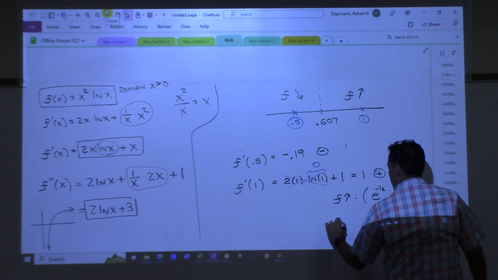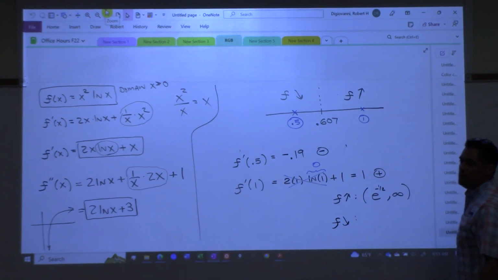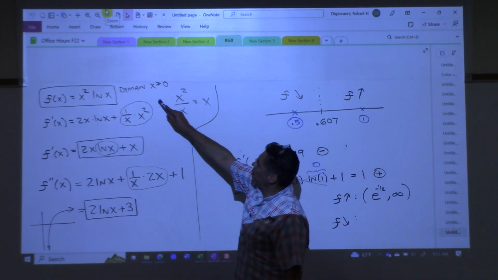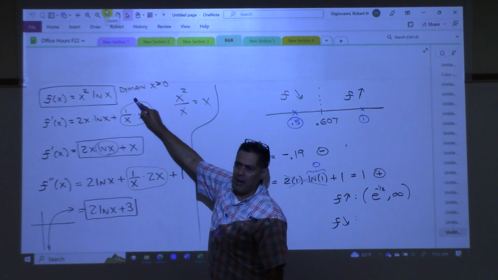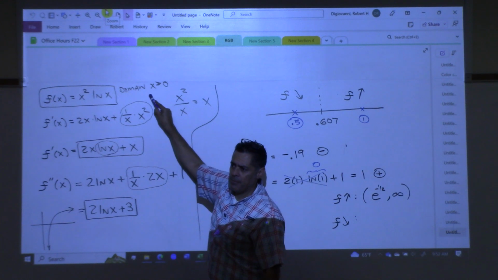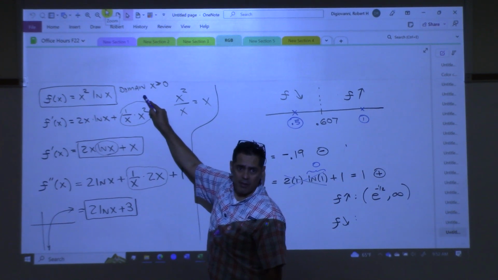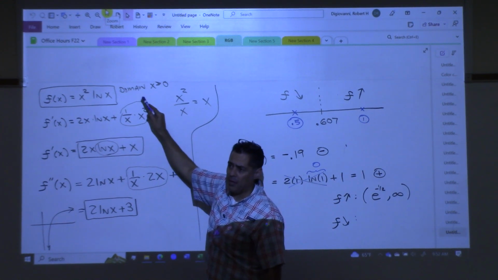And now be careful here. Where's it going down? Be careful. We can only be talking about x values to the right of 0, right? You can't plug 0, you can't plug any negatives.